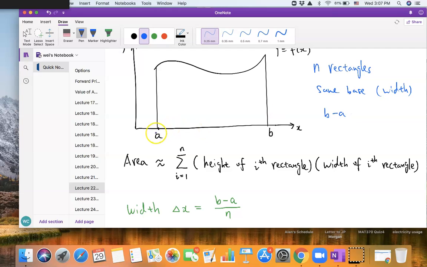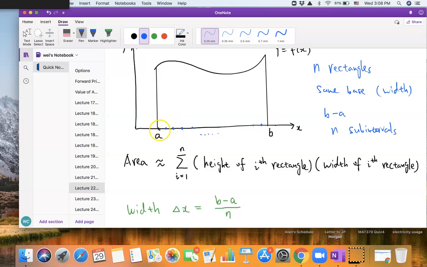Since we're going to have n rectangles, I'm going to divide this interval from a to b into n subintervals.